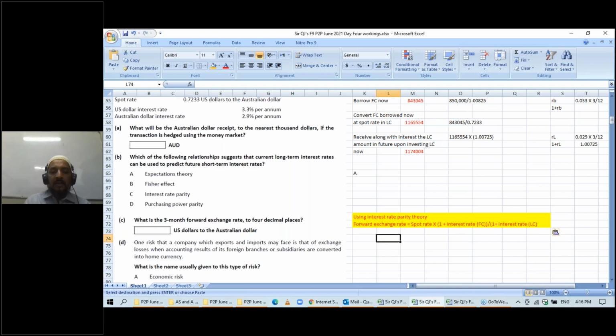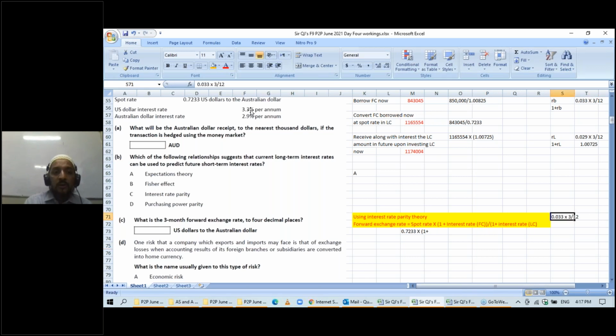Okay, let me calculate the forward exchange rate over here. First I will take the spot rate, which is 0.7233. I will multiply it by 1 plus 0.033, which is the interest rate for a year, and we have to convert it into 3 months, as the transaction will occur in 3 months' time.